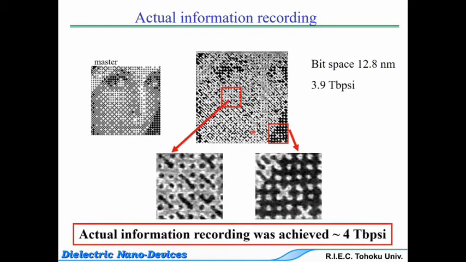From this result, you can understand we succeeded in storing the information with a bit space of 12.8 nanometers. The corresponding memory density is 4 terabit per square inch. So you can understand we have succeeded in actual information recording at 4 terabit per square inch.